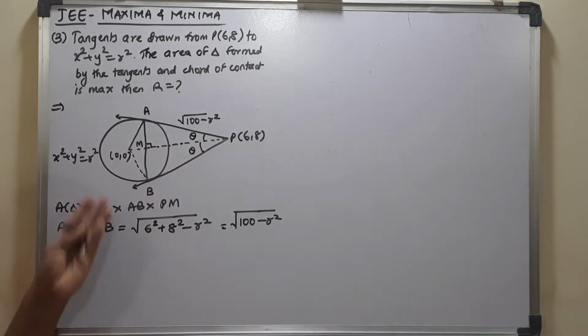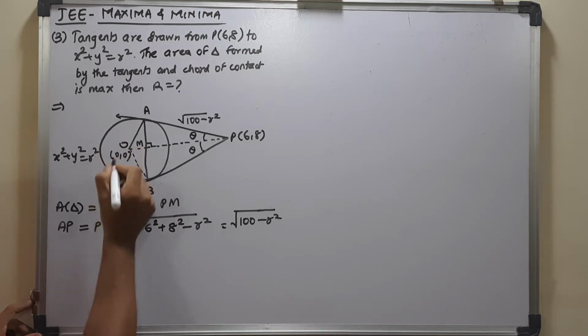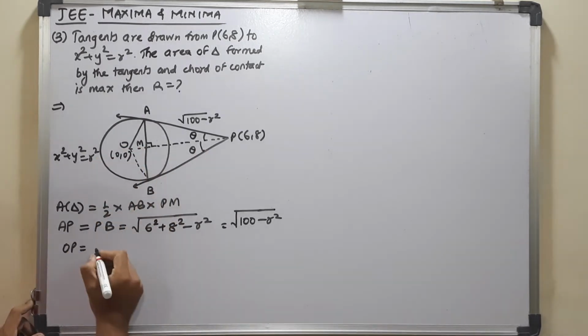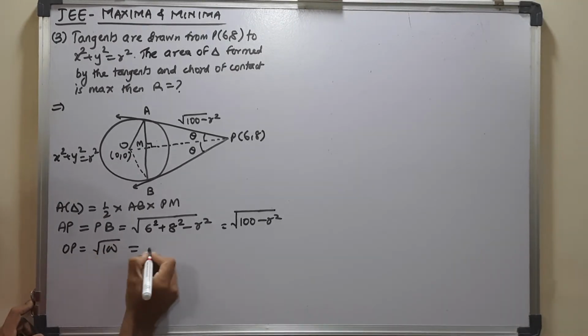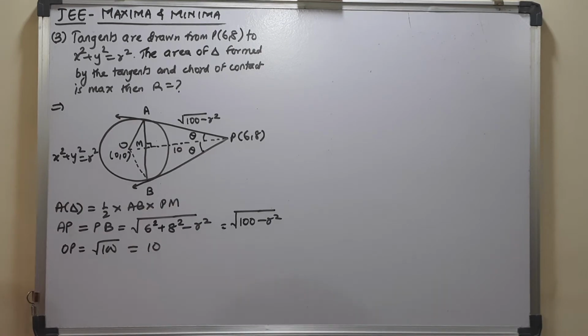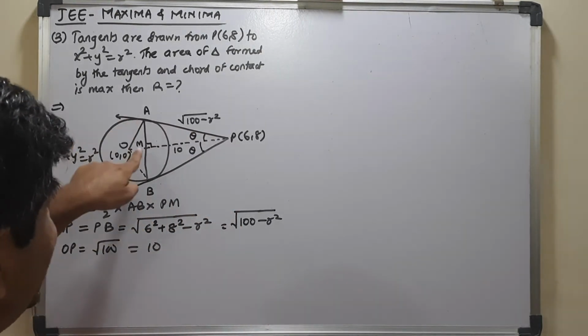And let this be O. This OP will obviously be under root of 6 square plus 8 square, that is under root 100, which is equal to 10. So this will be your 10. Okay, so I have got ample information to find theta.